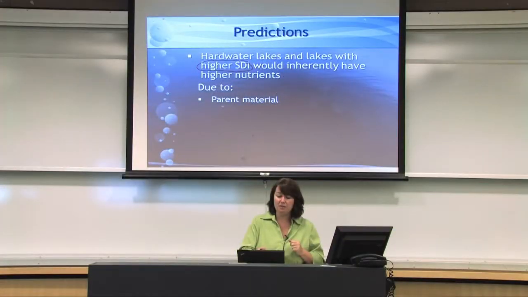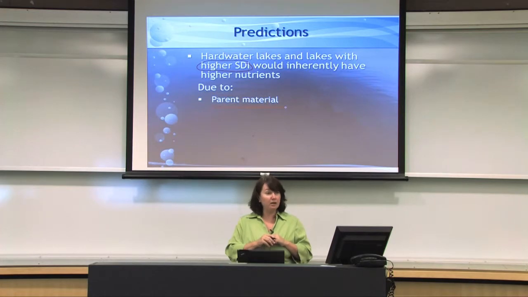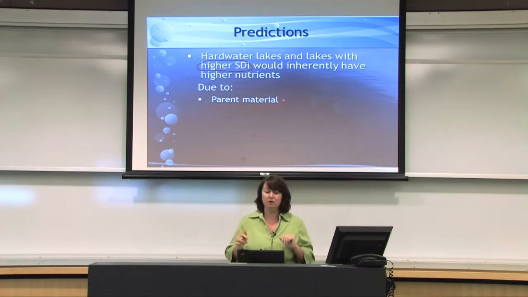But also the limestone itself, the parent material, tends to have more phosphorus in it than granite would. But later on we'll see that this is actually not necessarily true. The type of limestone that exists in southern Ontario really doesn't have a lot of phosphorus naturally in it.